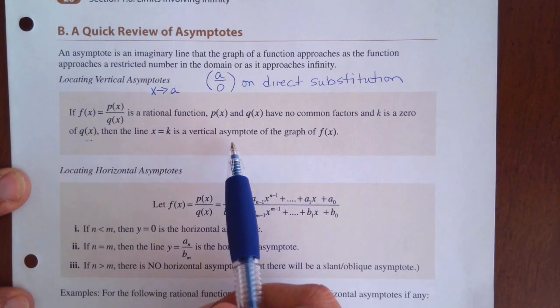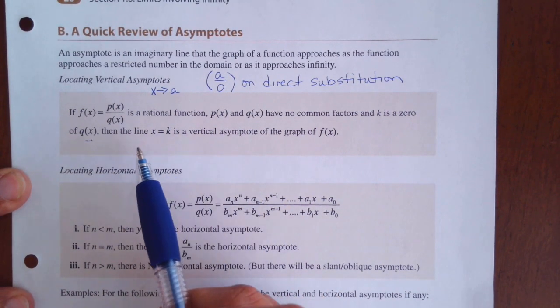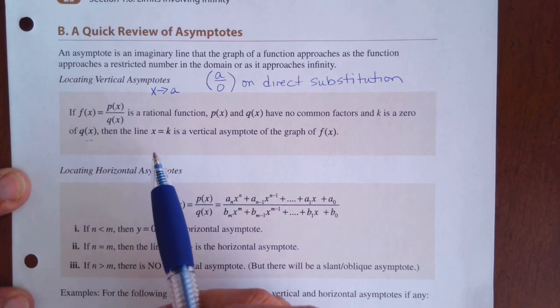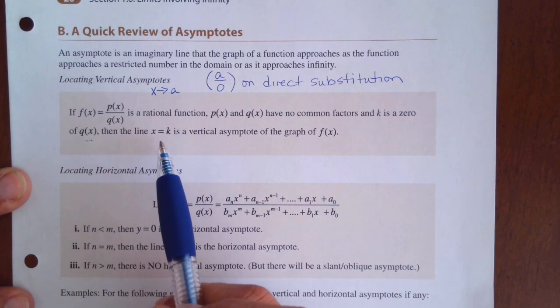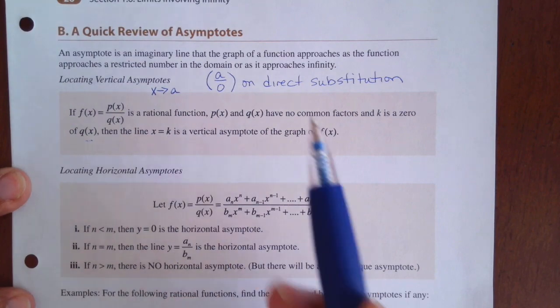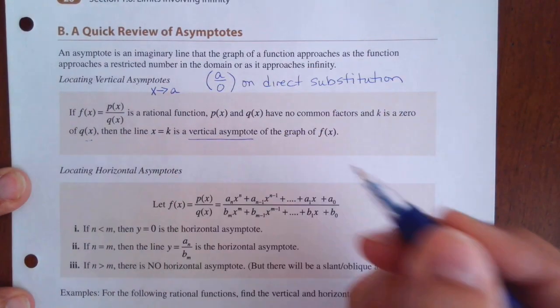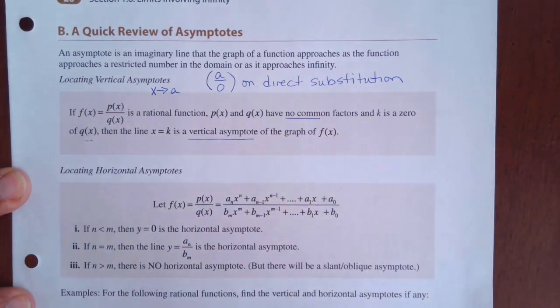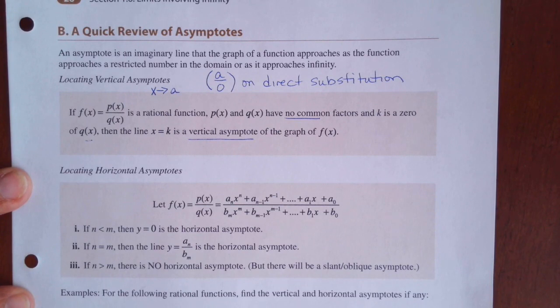Those are going to be your vertical asymptotes. If you have a common factor in the numerator and denominator, that's not an asymptote. If you remember, those are called holes. So we're just looking for vertical asymptotes, the ones that have no common factors. Okay, those are vertical asymptotes, up and down.